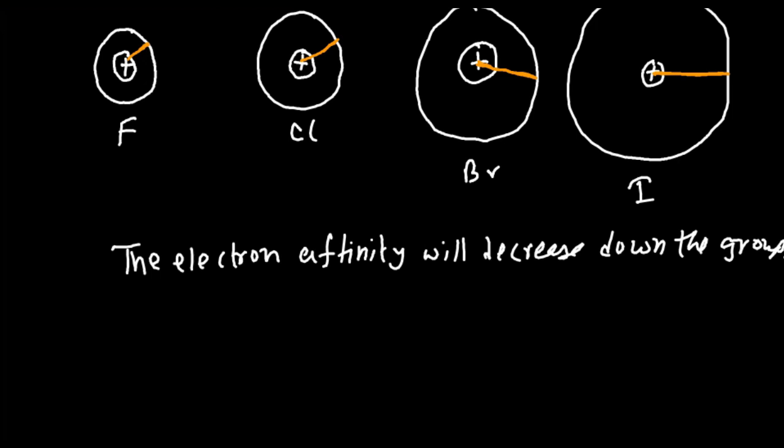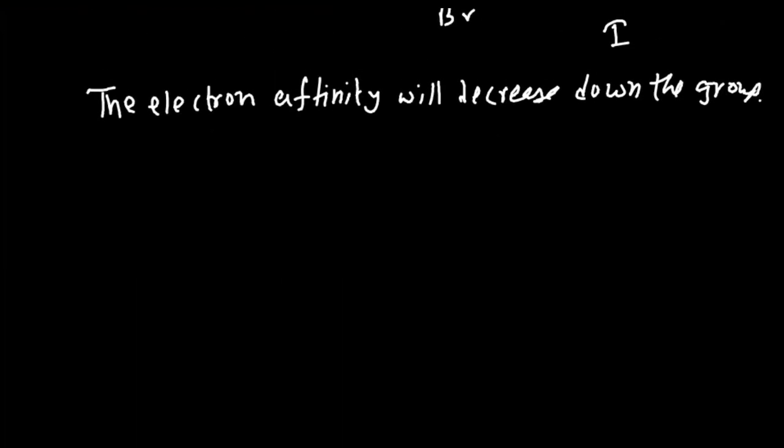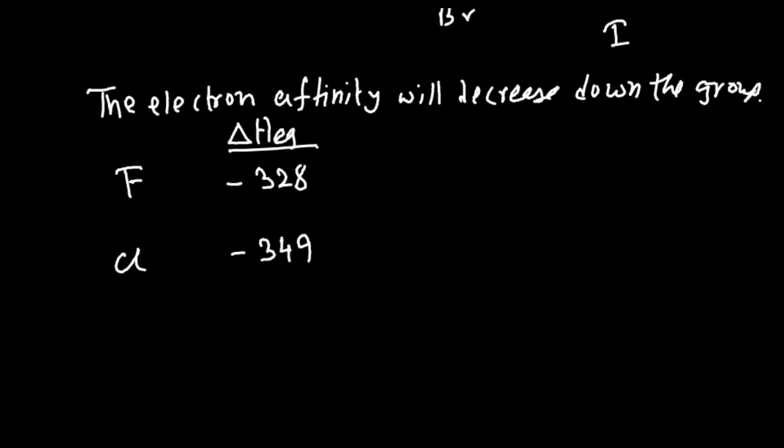Okay, but there is an anomaly here. You can see I'm writing the values of electron gain enthalpy. This is minus 328. Negative sign means energy is released here. Minus 349.